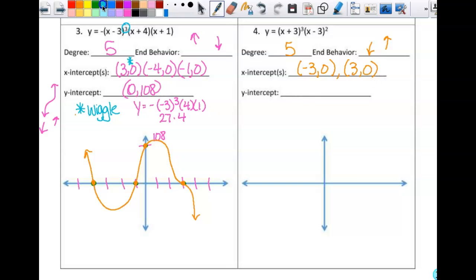And then I have 2 that have an exponent greater than 1. So this x plus 3, which is this one, that is odd, so what happens there? Wiggle, that's where we wiggle. This is even, so on this one, that's where we bounce.